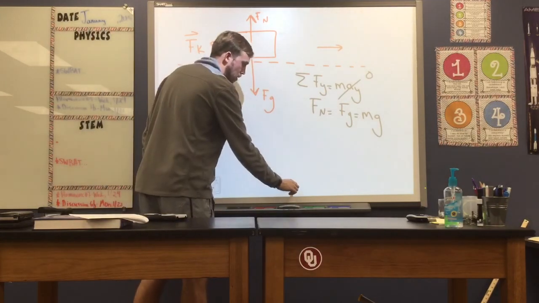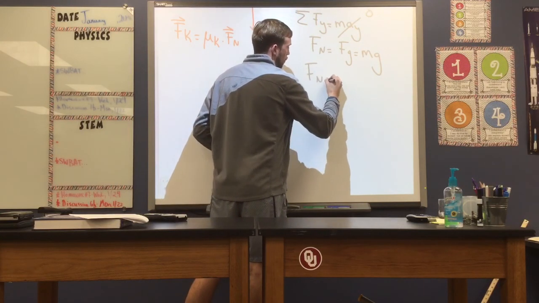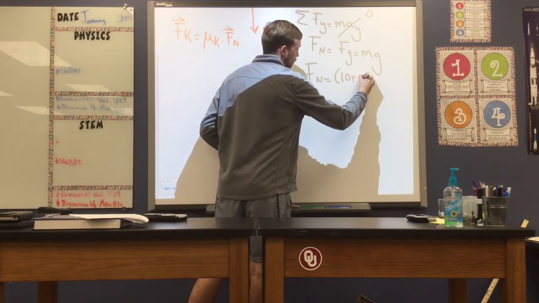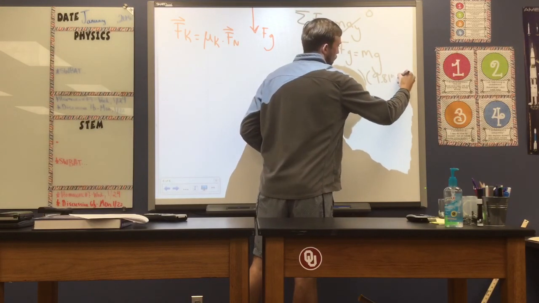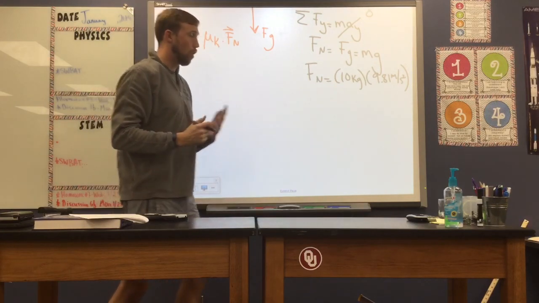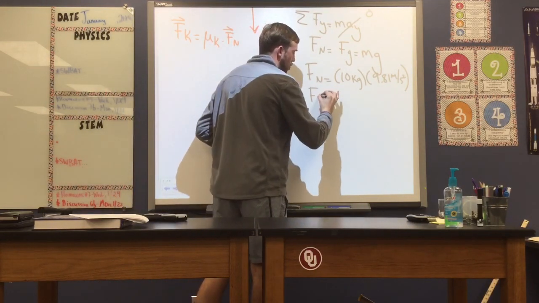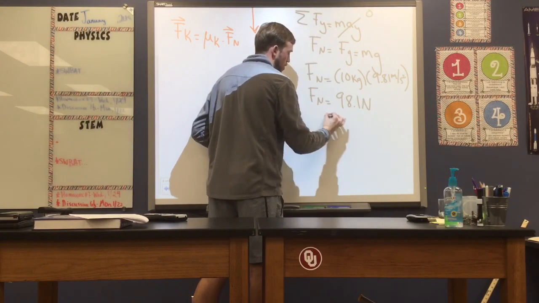So we're going to take our mass, multiply by g for the Earth, and we'll find our normal force. So normal force is 10 kilograms times g for the Earth, 9.81 meters per second squared. So if we plug that in, that's going to give us a normal force of right at 98.1 newtons.